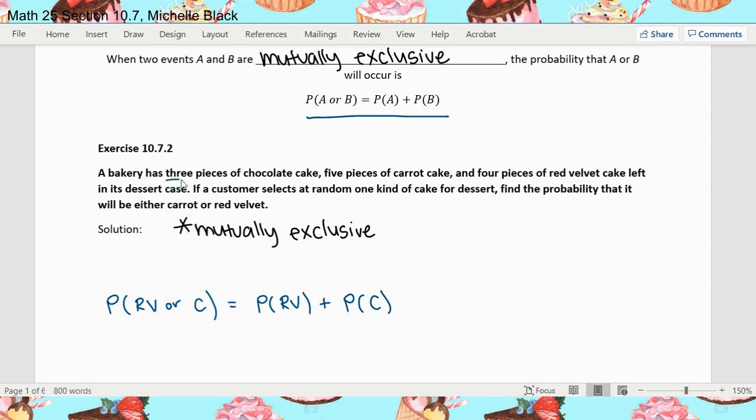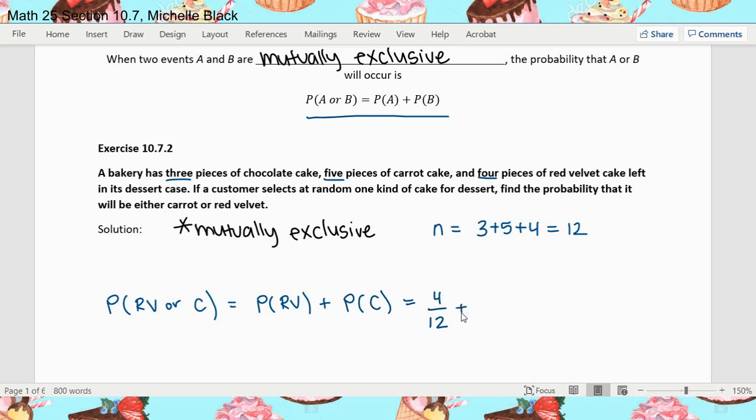Well, I have 3 pieces of chocolate cake, 5 pieces of carrot cake, and 4 pieces of red velvet cake. So in total, we have 12 pieces of cake, or you can think of this as our n. So the probability of getting red velvet is going to be 4 out of the 12.